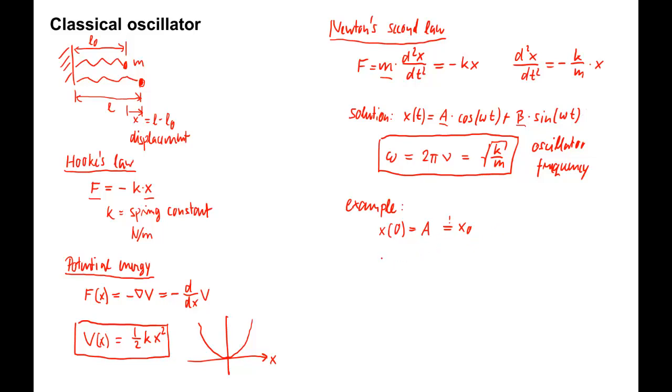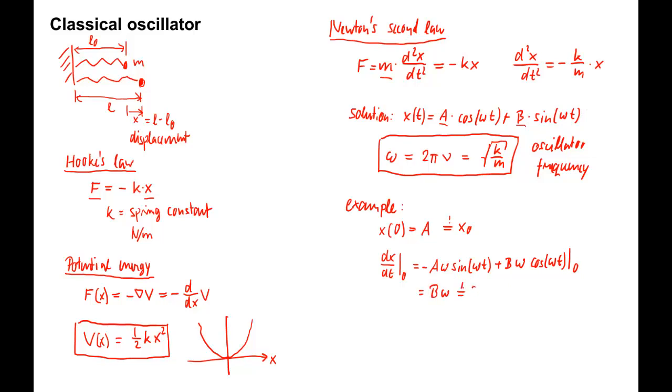Letting the spring go without pushing it means that the initial velocity is 0, so that dx/dt at time 0, which according to the general solution is equal to negative A omega sine of omega t plus B omega cosine of omega t at time 0, simplifies to B times omega.